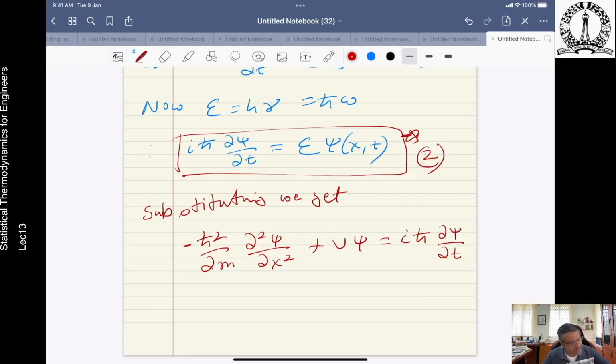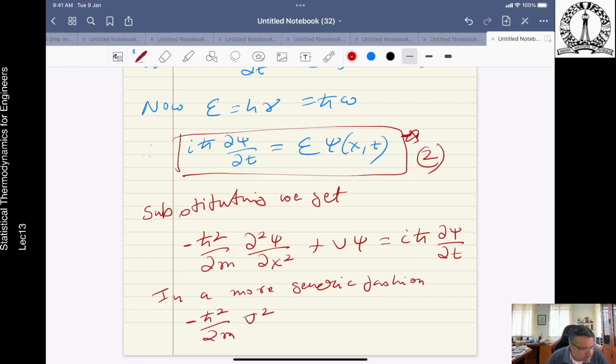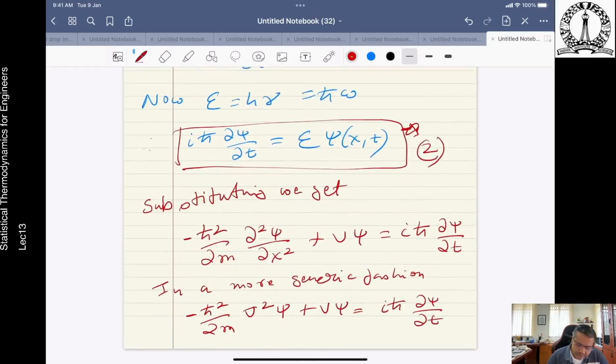But in a more generic fashion, this will be −ħ²/2m times the Laplacian of ψ, plus Vψ, equal to iħ ∂ψ/∂t.